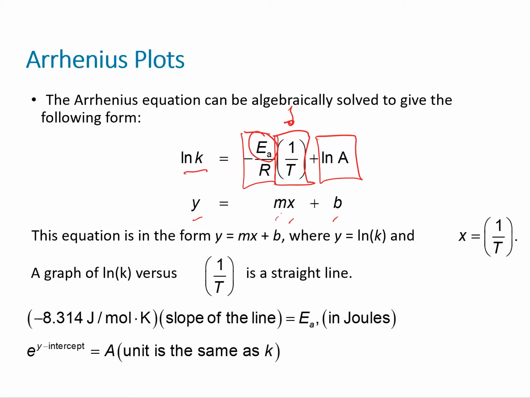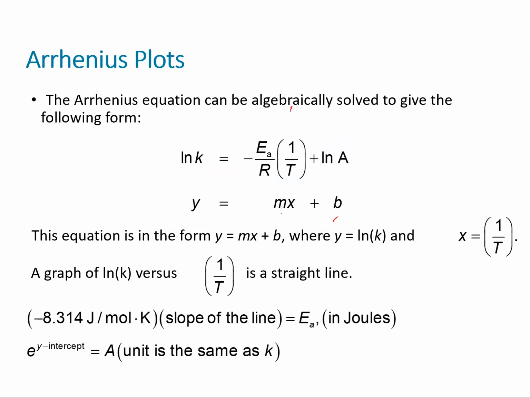Or you can solve for A by looking for the intercept at b, and then eliminating the natural log. Pretty straightforward. It looks kind of gnarly, but once you do this a few times, you guys are going to be pros at it.